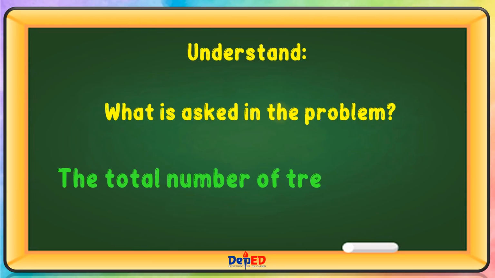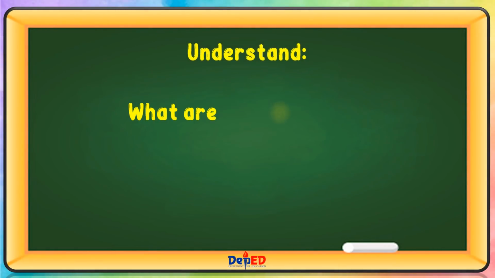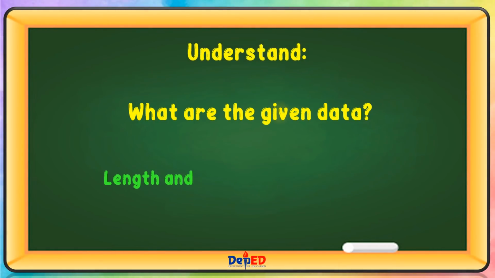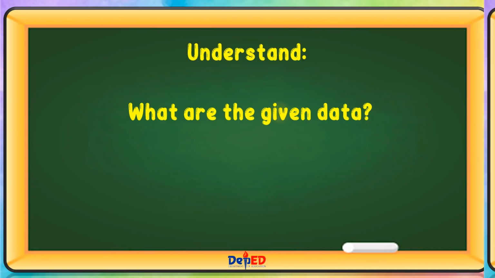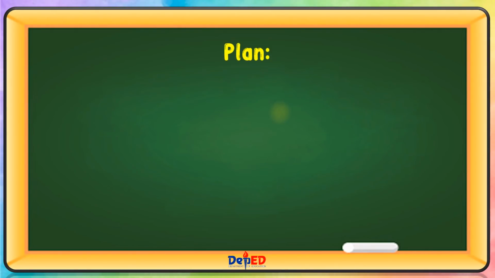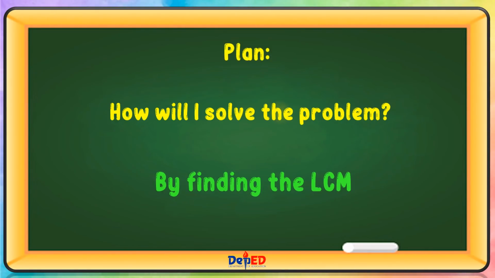The total number of trees planted. What are the given data? Length and width of the rectangular lot are 108 meters and 144 meters. Let us plan. How will I solve the problem? By finding the LCM.